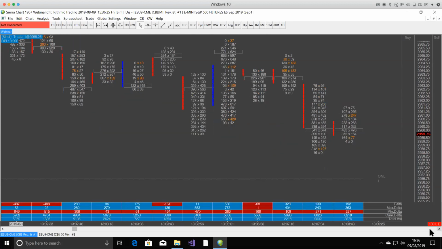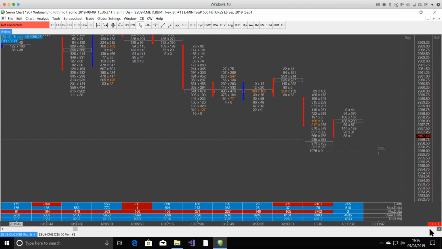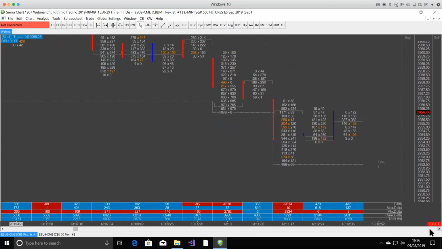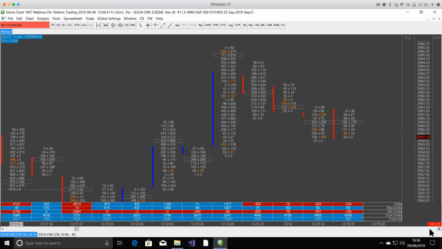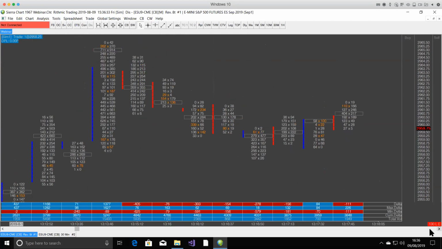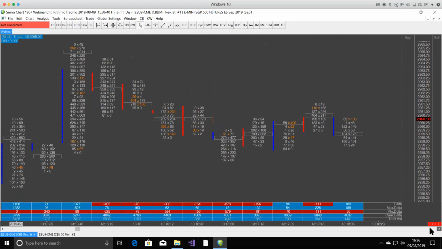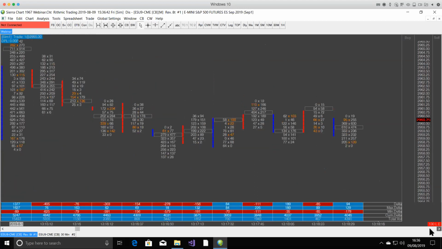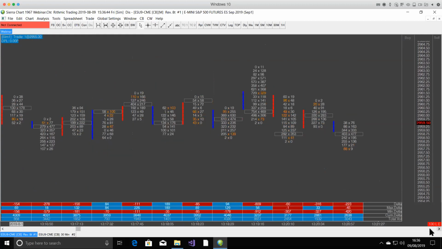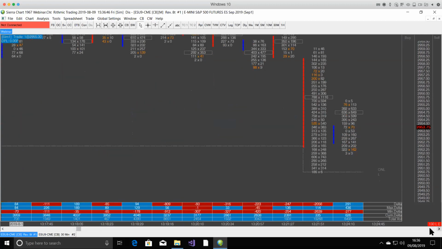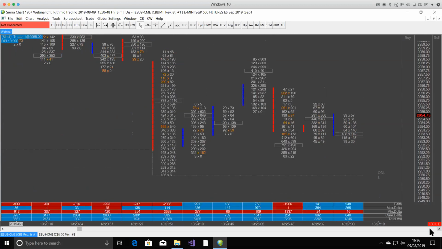So they're trapped. Let's see if we can find one without a zero print. Okay, here's another candle. Okay, they bought the highest price, but we continued up in these rotations. Same thing again. So you start to see it's a condition, as you'd expect, which we care about more at extremes of price.